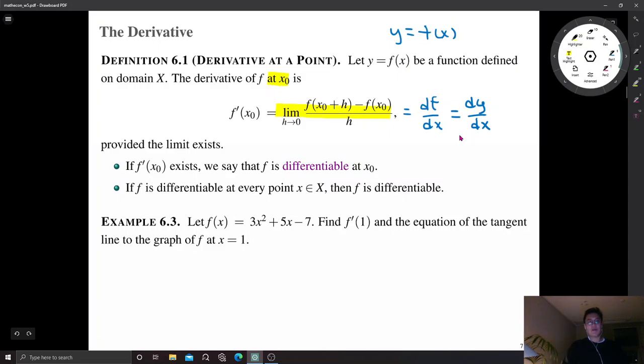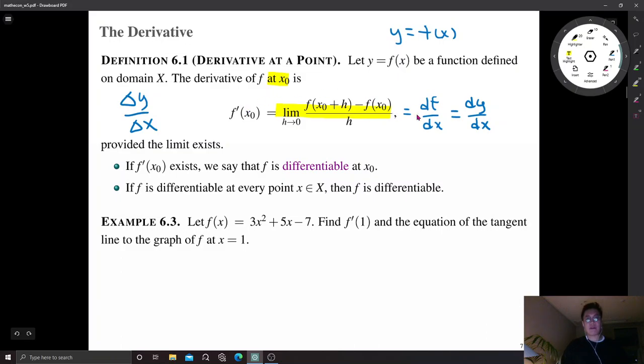The rate of change is delta y over delta x, and the derivative is just the instantaneous rate of change. By the same token, it is usually denoted by dy over dx. That is just the rate of change when the change in x is infinitesimal.